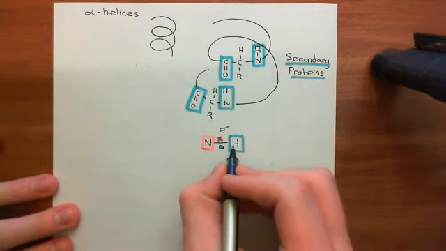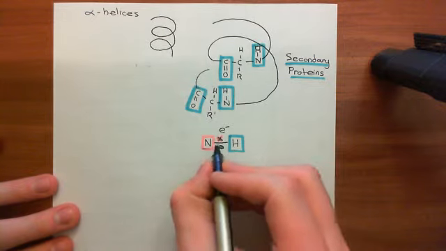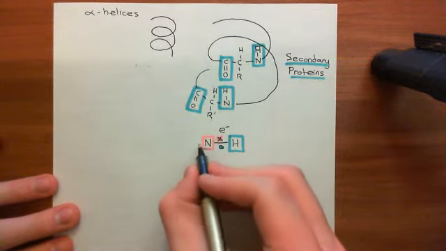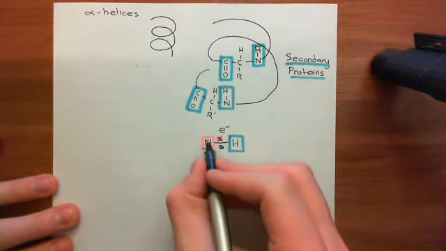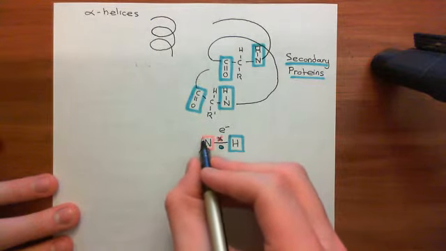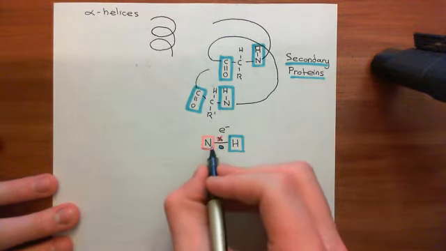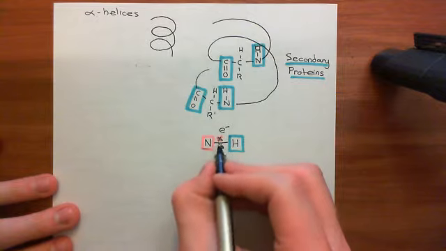But it's not quite that simple, because you also have to factor in that surrounding the nitrogen atom, you have more than just these two electrons.